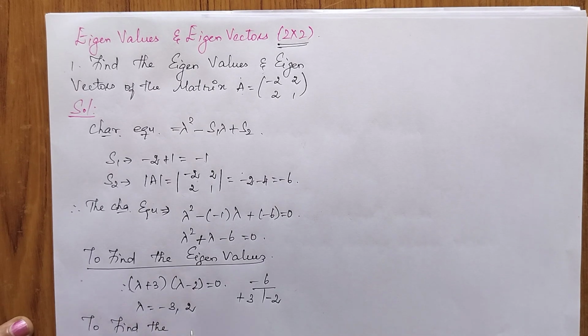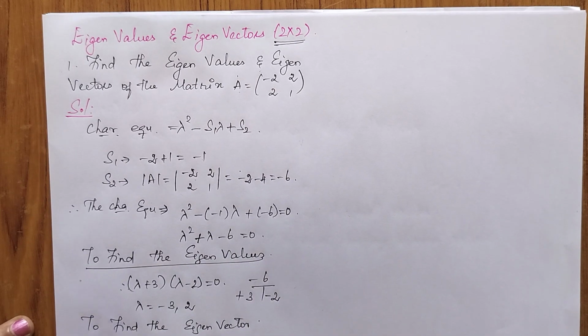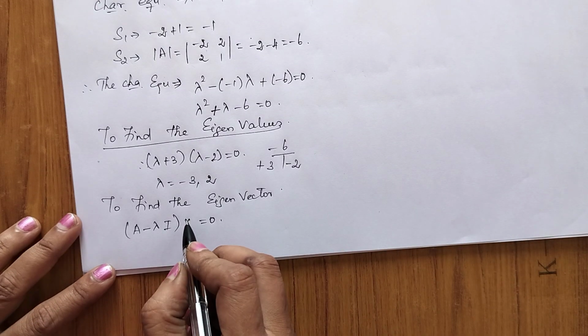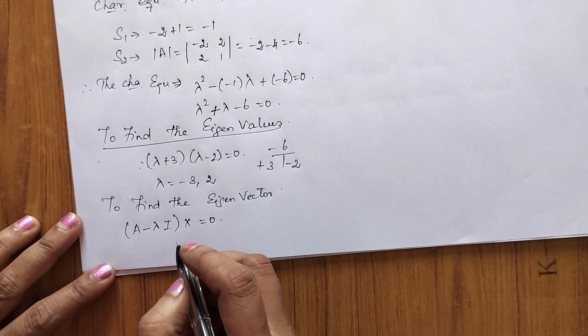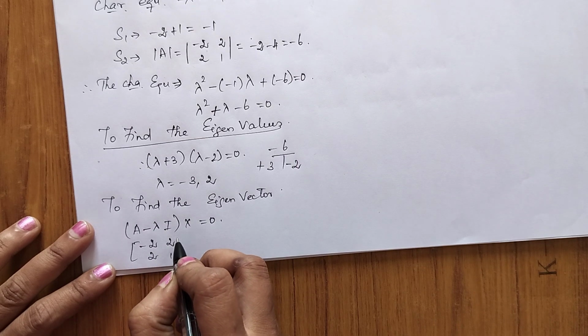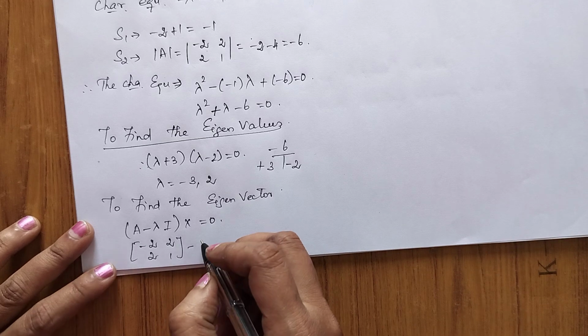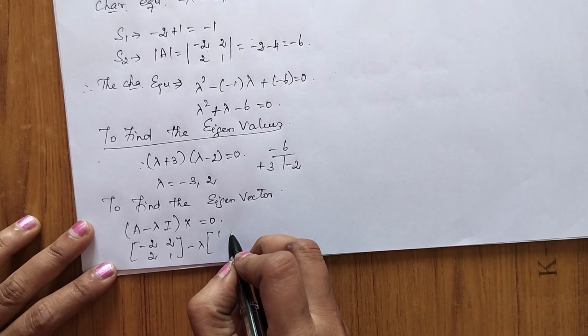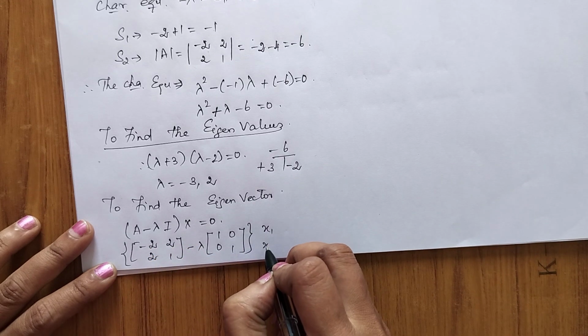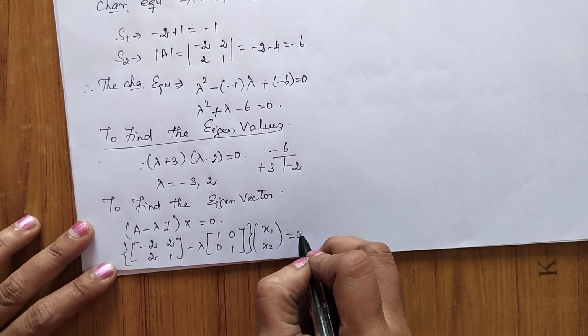To find the eigenvector, we use A minus lambda I into x equal to 0. Here A is minus 2, 2, 2, 1, minus lambda into the identity matrix 1, 0, 0, 1, times x1, x2, which is equal to 0.